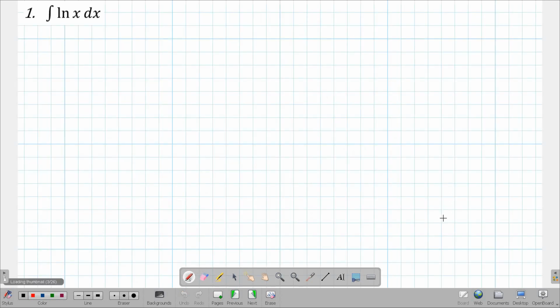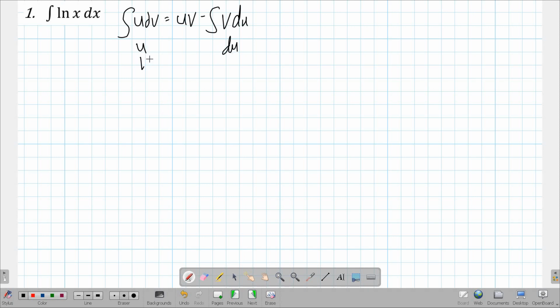Now, let's work with that with ln x. Again, our formula: the integral of u dv is equal to uv minus the integral of v du. Which means we need to assign what is u and find its du, and assign v and its dv.